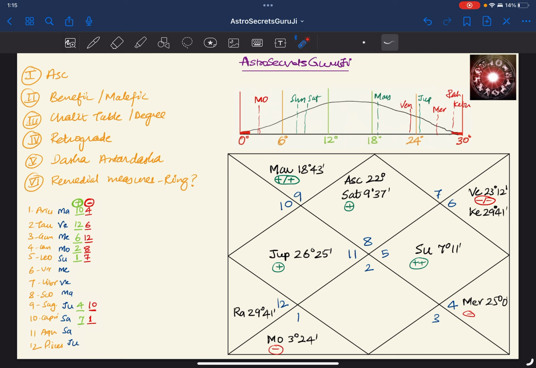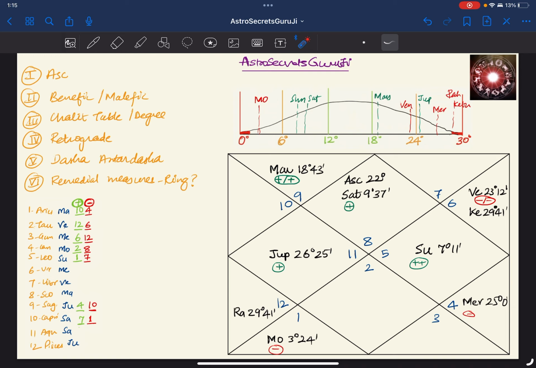So there are 12 signs and 9 planets, right? Three of the planets are not being considered in the Hindu Vedic system right now, but many people have started considering those three new planets as well.